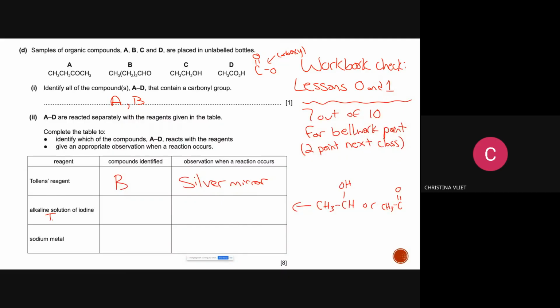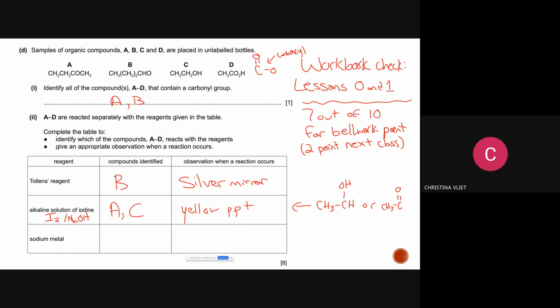So it would have looked like I2 and NaOH last year. And so this one identified A and C. And the correct identification, you would get a yellow precipitate. You could say pale yellow, but the pale was not required. So that would be that one.